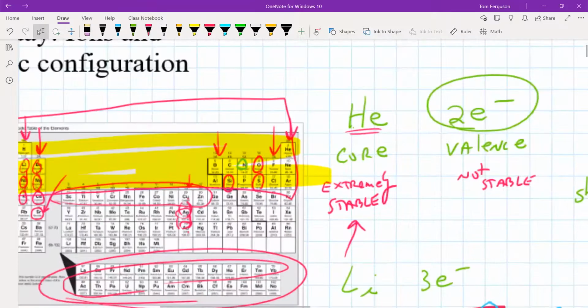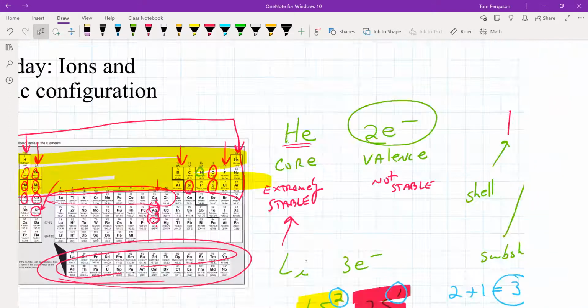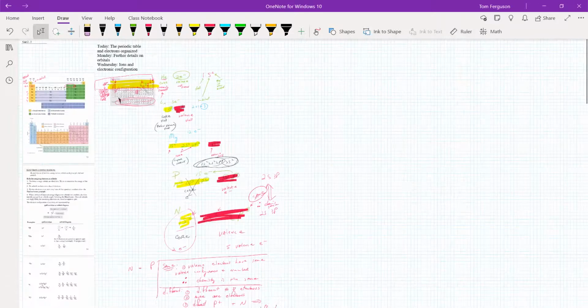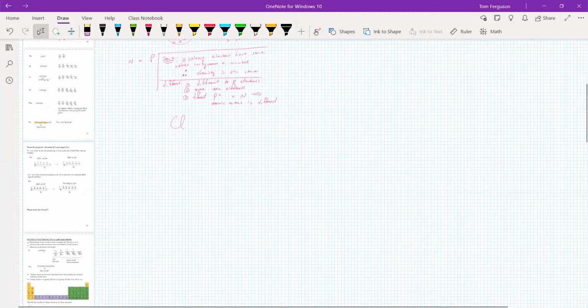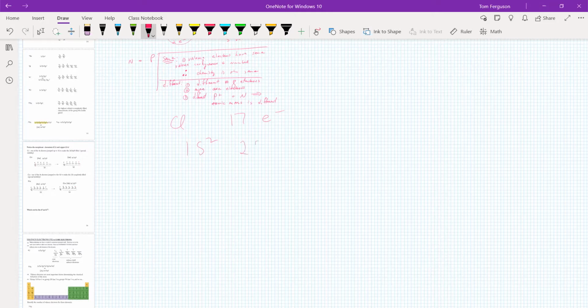So how many total electrons does it have? It has 17. So we need to account for all 17 electrons. And it's in shell 3. So it's got shell 1 and shell 2. Shell 1 is 1s2. Shell 2 is 2s2, 2p6.